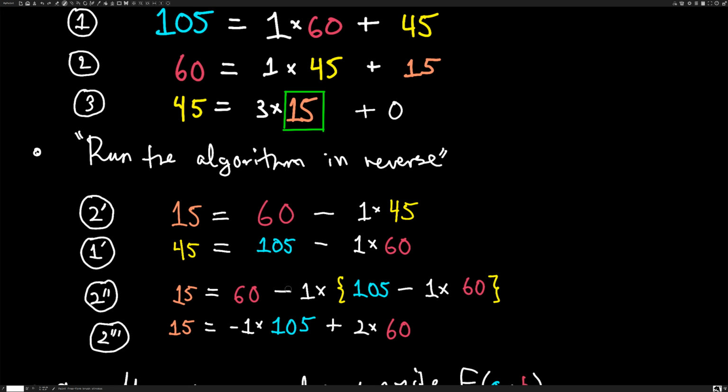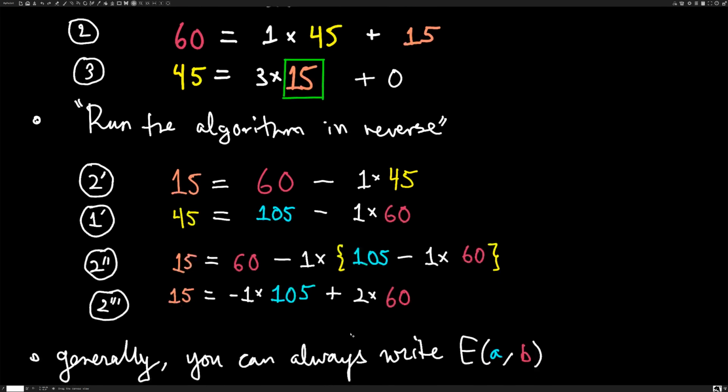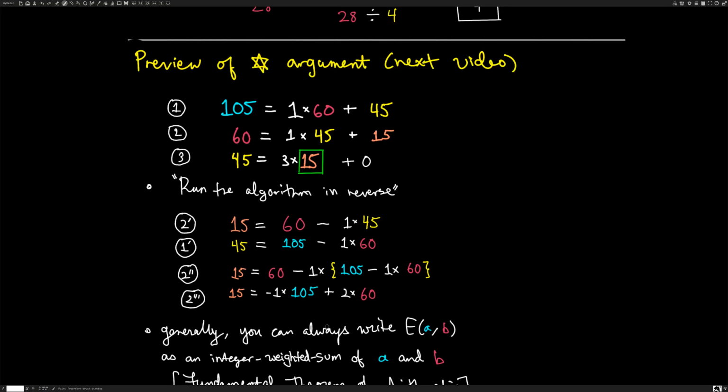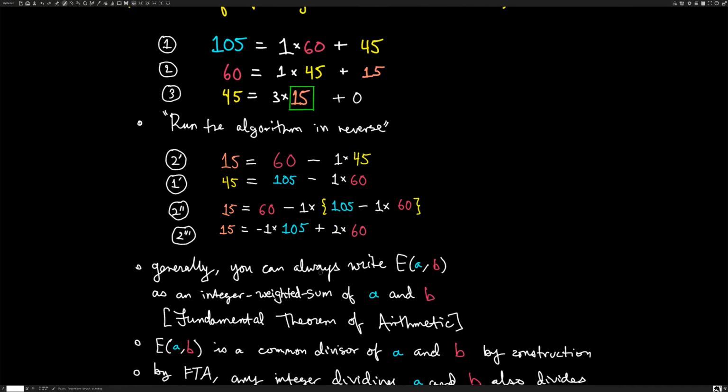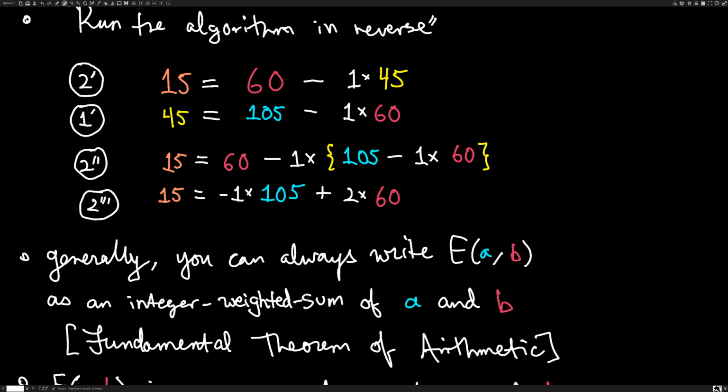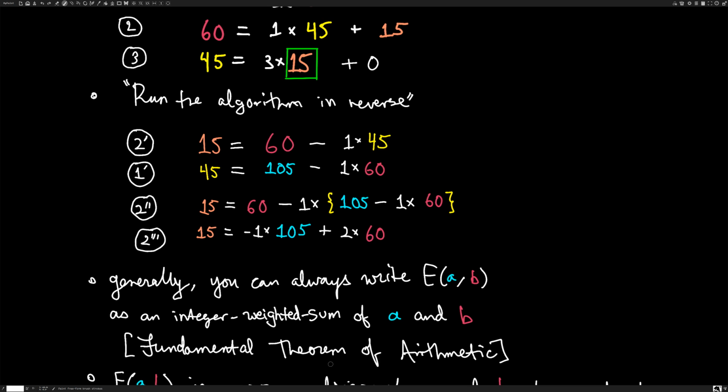So we get 1 times 60 minus 1 times 60, which is 2 times 60. So generally, you can always write the Euclid number of A and B as an integer-weighted sum, or an integer linear combination, of A and B. This fact is called the fundamental theorem of arithmetic.